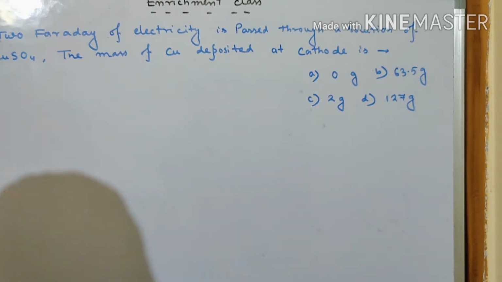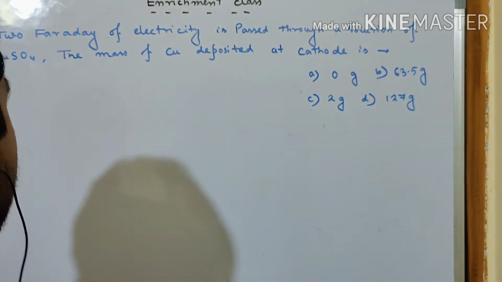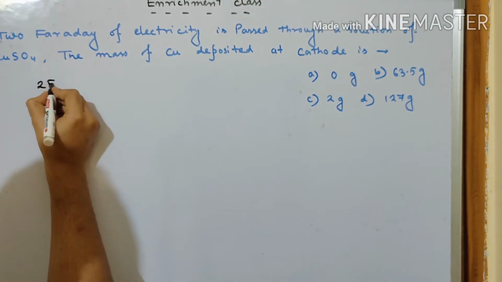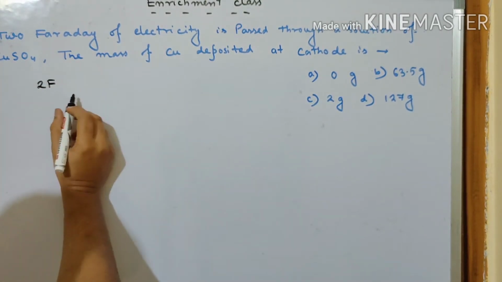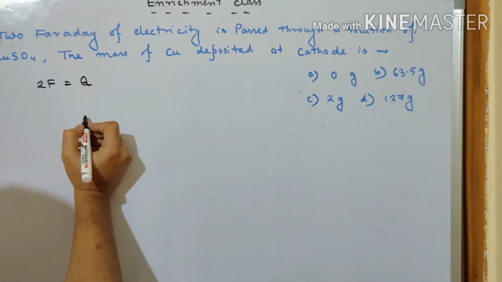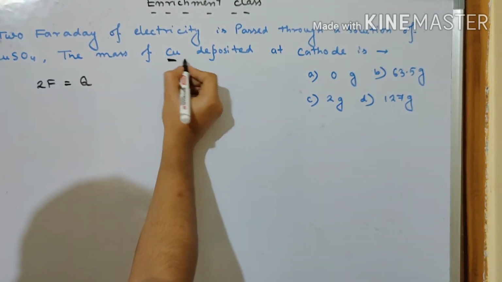And in this particular case, see, 2 Faraday of electricity is passed through a solution. So first of all, it is 2 Faraday. 2 Faraday means we are calculating that is Q. So Q is 2 Faraday. What kind of metal is it? Copper.